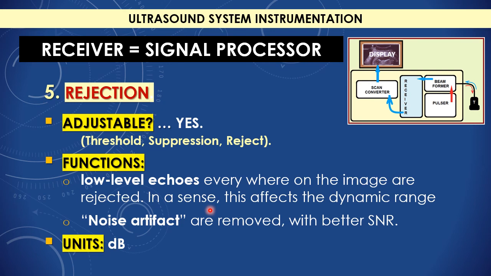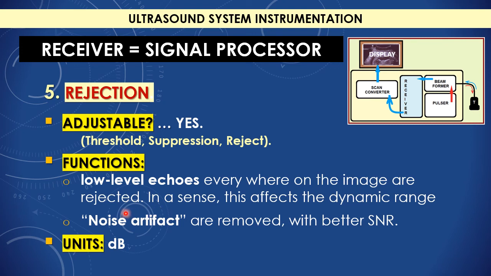Okay, what does it mean, low-level echoes? The echoes that are very close to being anechoic. They usually represent artifacts. So if you have an area with some low-level echoes, and they are making the picture a little bit blurry, rejection here will make it clearer for you.